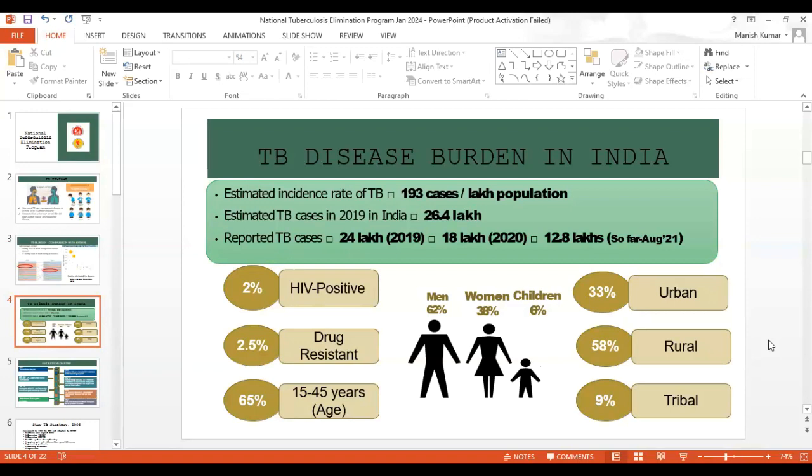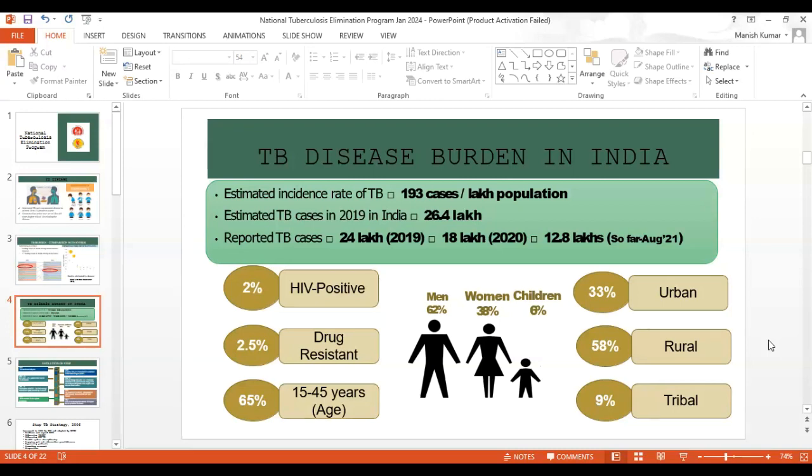These reported TB cases decreased in 2020 to 18 lakhs, which might be attributed to the pandemic, and then until August 2021, this was 12.8 lakhs.